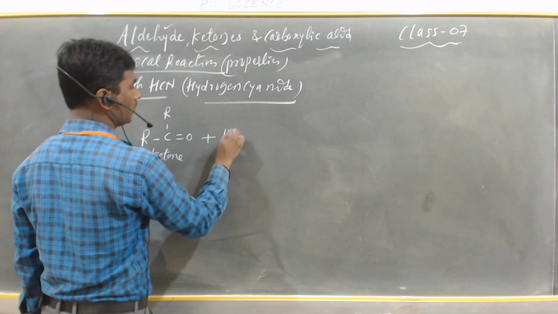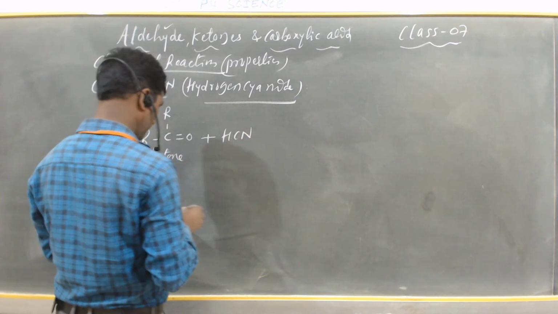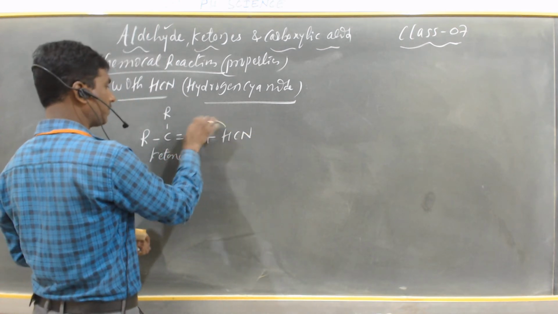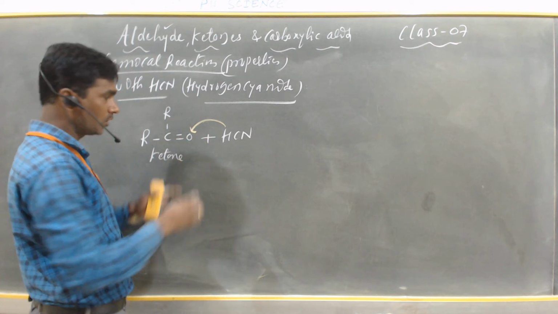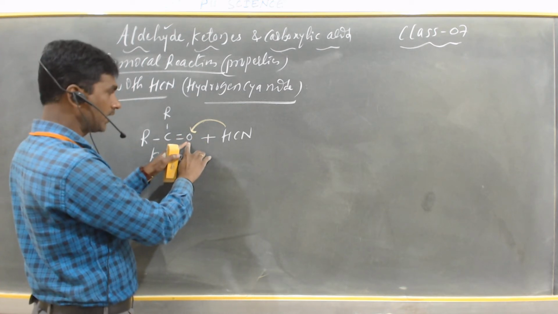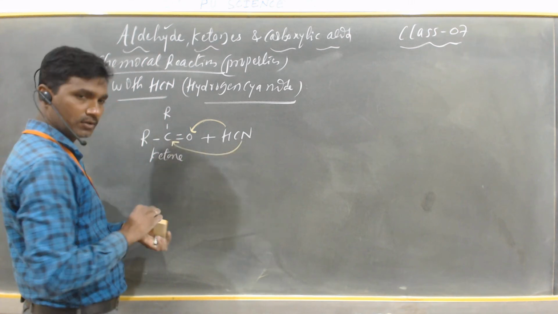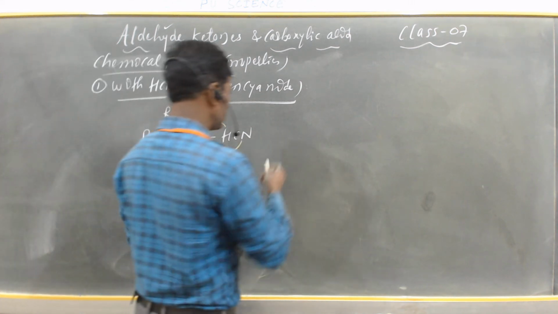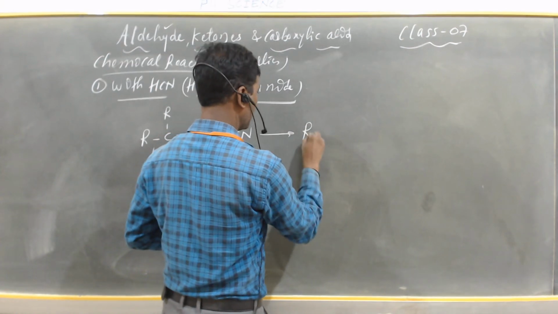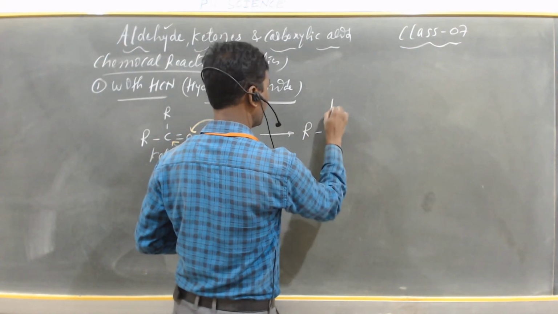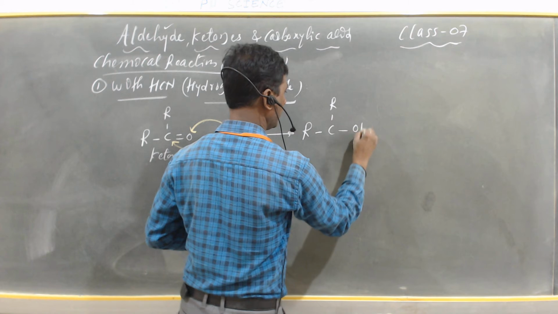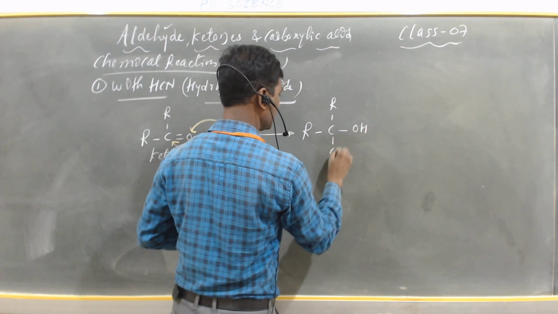To this ketone, you have to add HCN. Here, what happens? H combines with O, because O is negatively charged, and CN is a nucleophile. It attacks the carbonyl carbon. By this, it produces R, C, R with OH and CN. So this is called what?